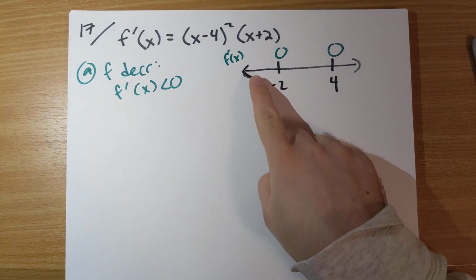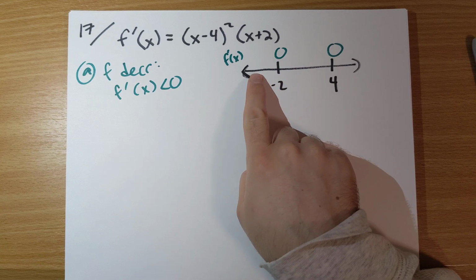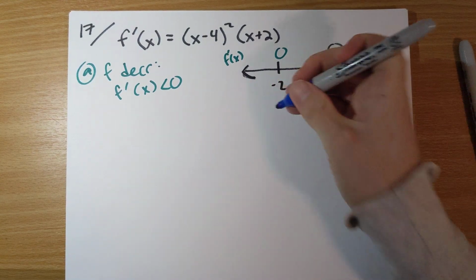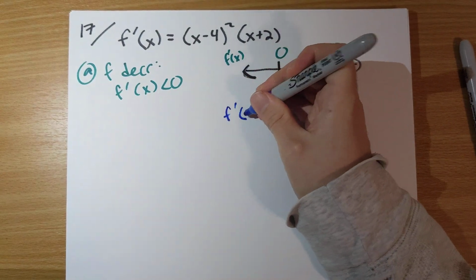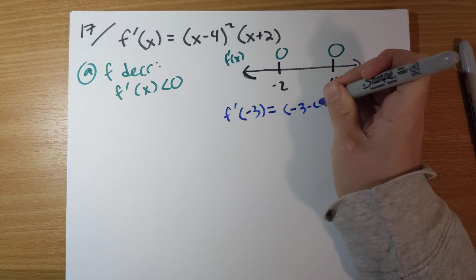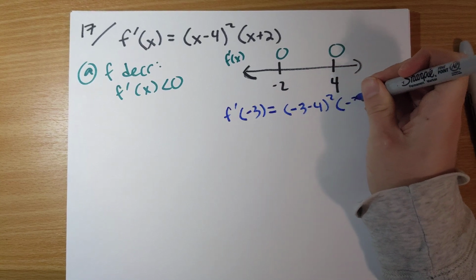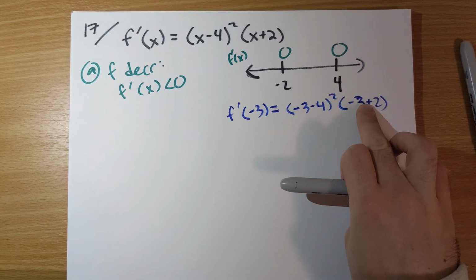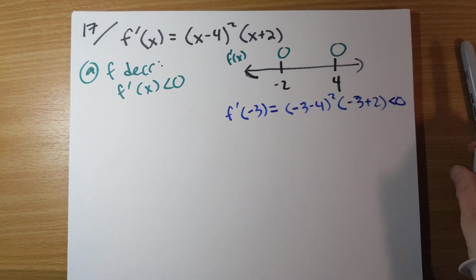If x is less than -2, for example f prime of -3 will equal (-3 minus 4) squared times (-3 plus 2). Positive times negative is negative.